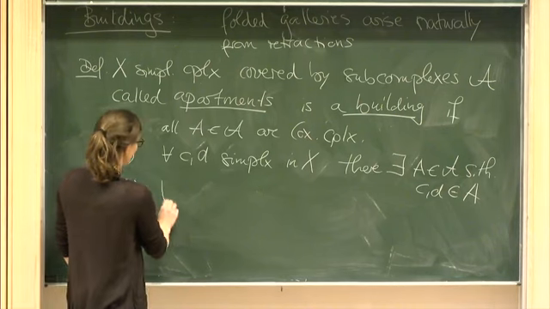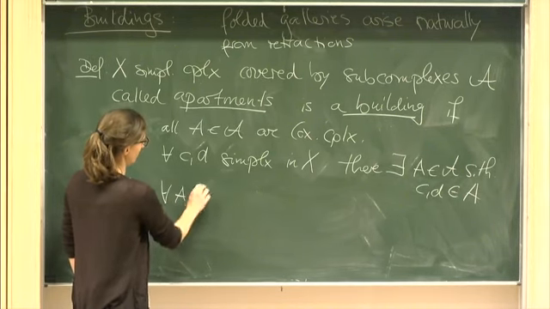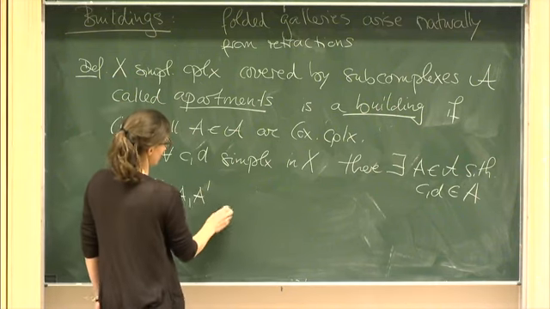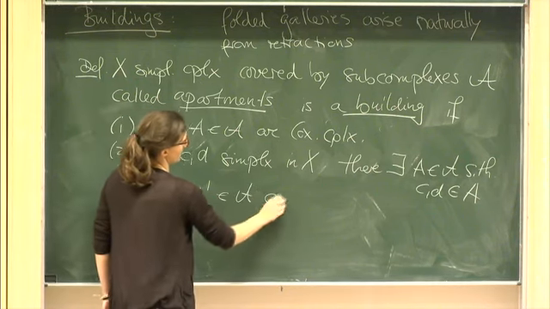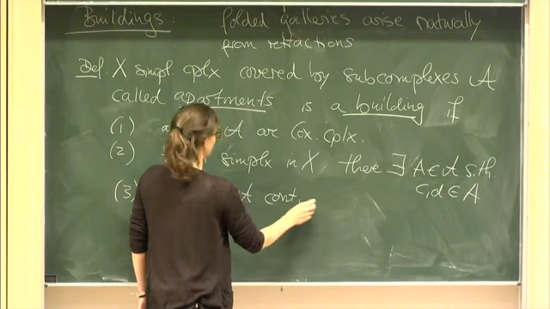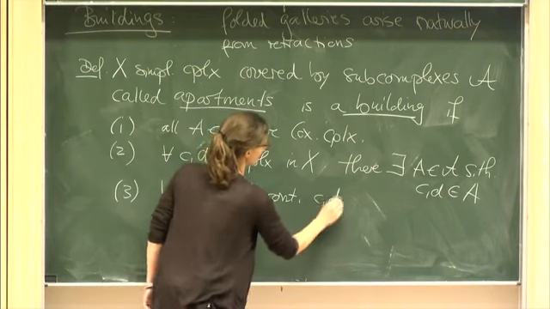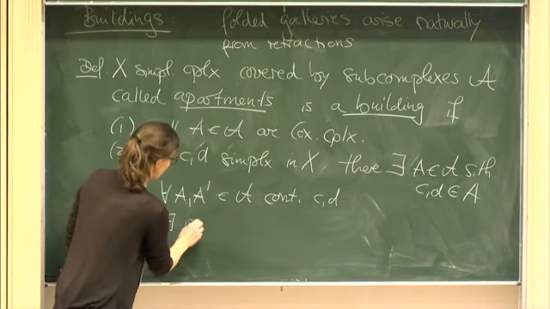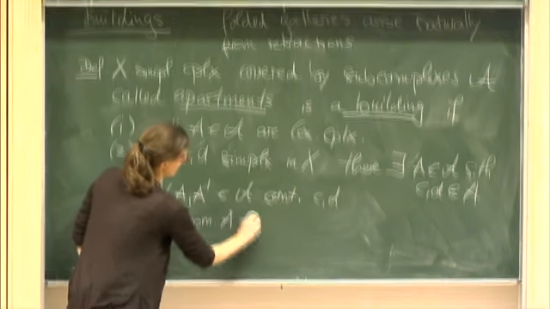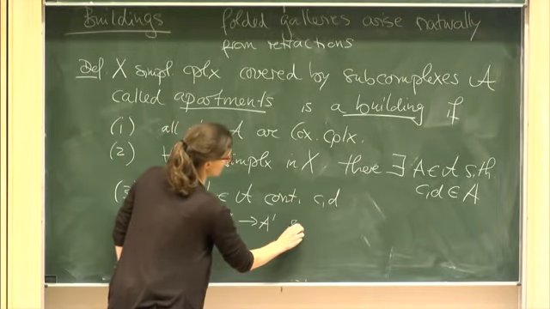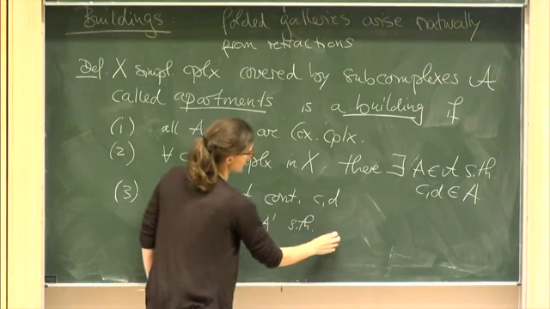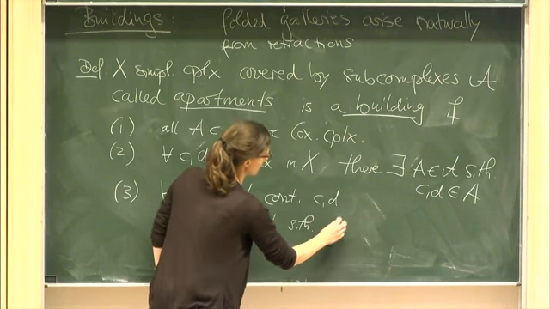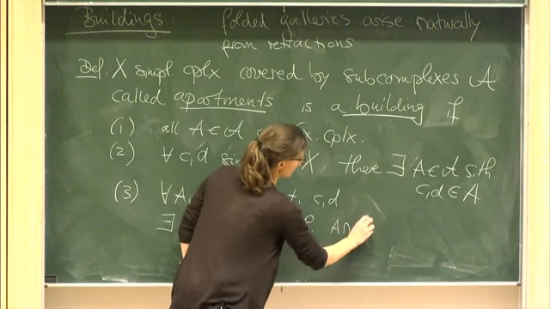So whenever you can find two apartments containing the given simplices C and D, then you want them to be isomorphic. So there exists an isomorphism from A to A prime such that the intersection, so in particular C and D, is pointwise fixed.